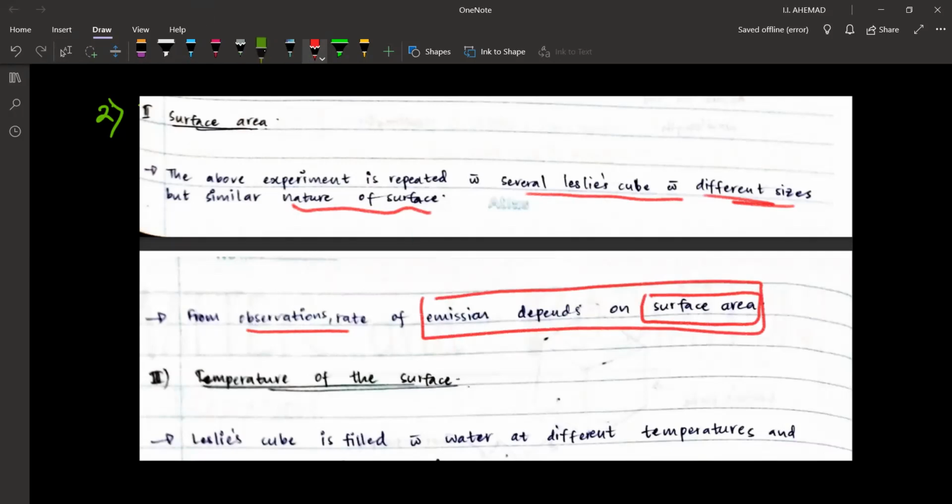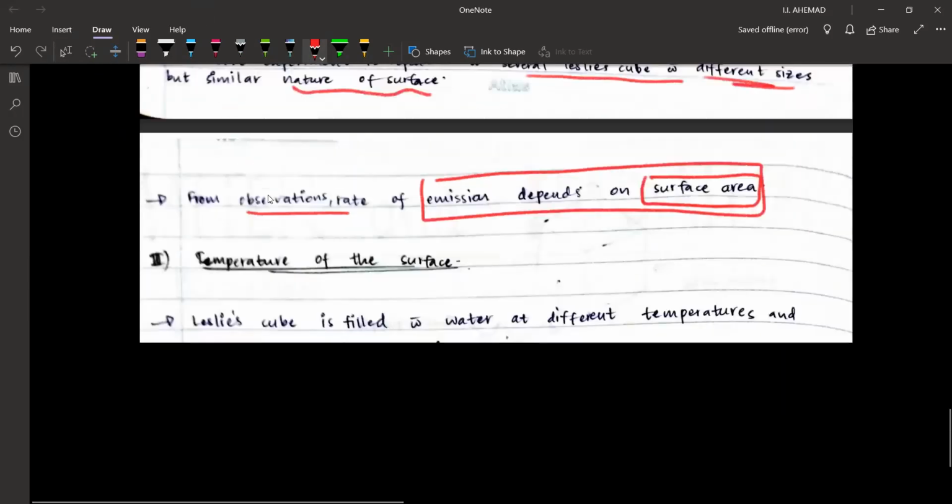Next, temperature of the surface. So here, the Leslie's cube is filled with water at different temperatures, and the radiation is observed.